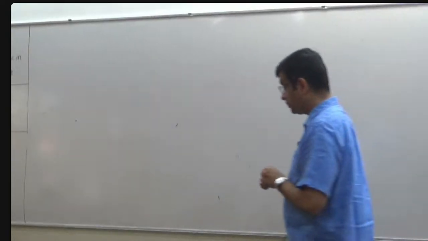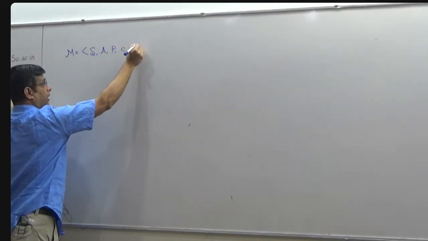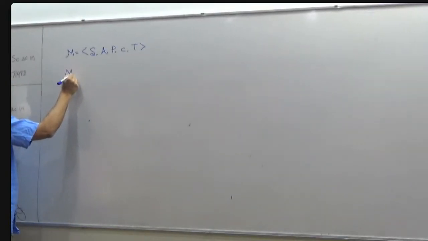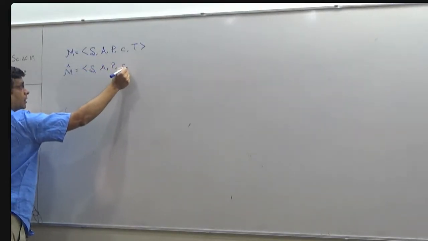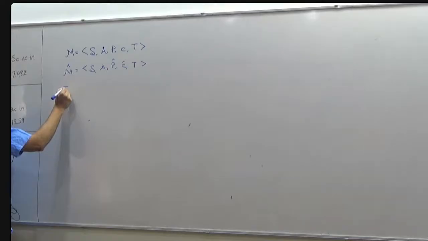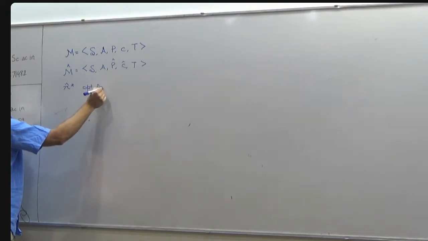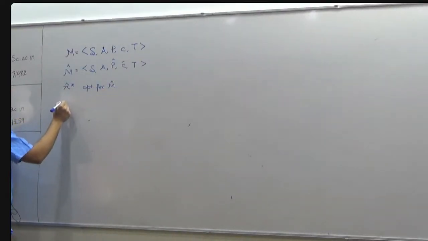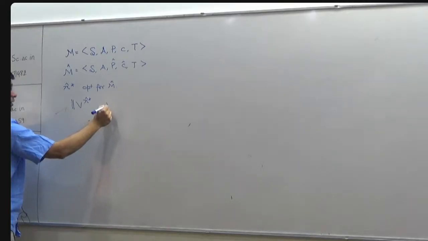What we had done last time was, given a model M and an approximate model M hat, I wanted to ask the question: if I find pi hat star, which is optimal for M hat, can I quantify the error that I get if I use this policy in the true model?